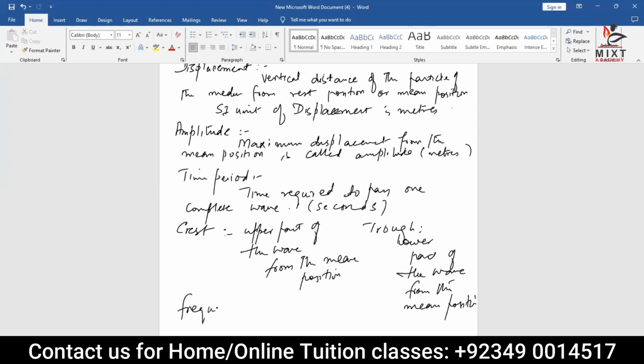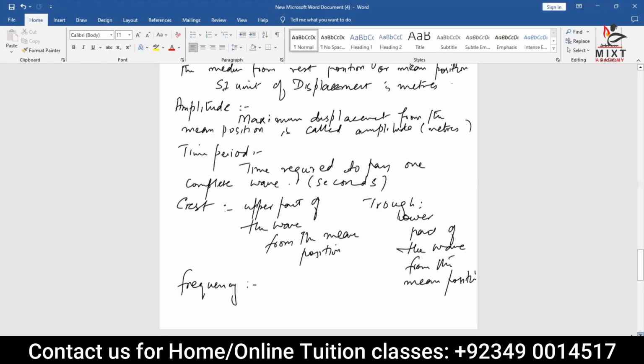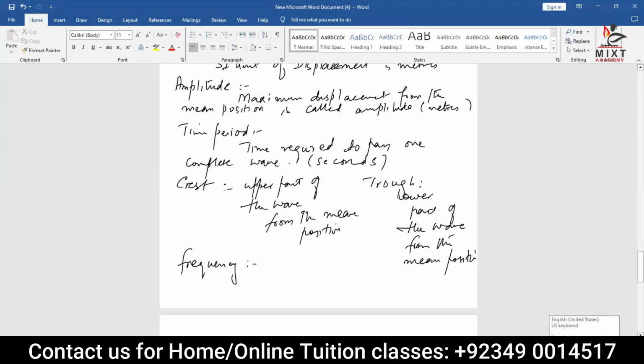Next word is called frequency. What is it? It is the number of waves per second. Yes, the number of waves passing through a point in 1 second.